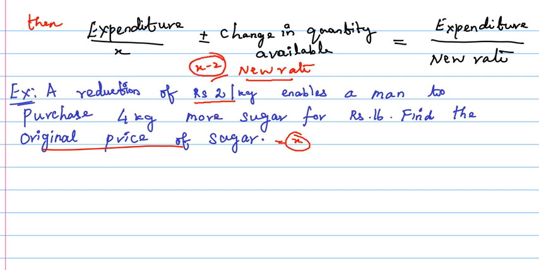So if the original price of sugar is x, the new rate is x minus 2, because they are reducing rupees 2 in the original price.